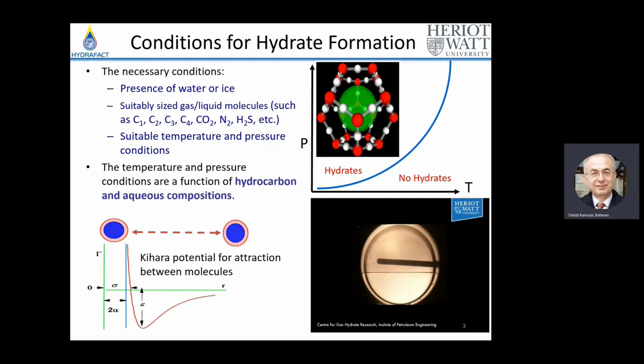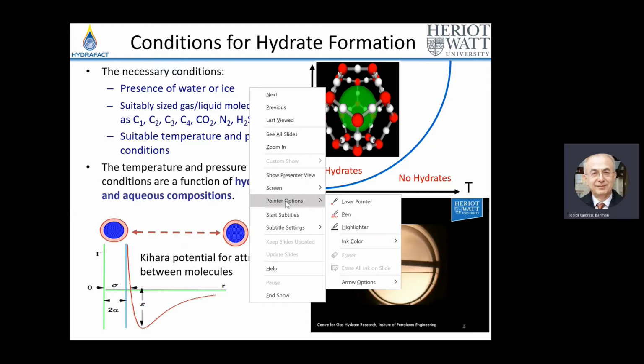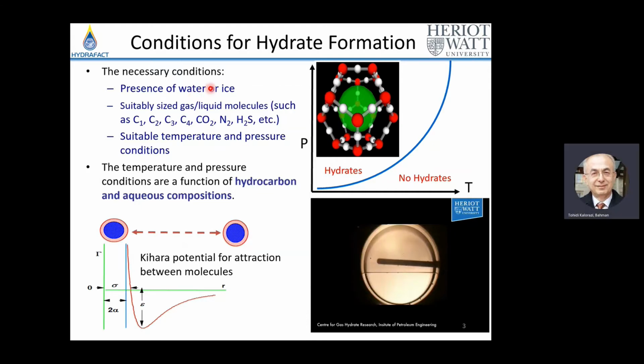So, starting from the beginning, the conditions for hydrate formation are the presence of water or ice; a suitable size molecule, which can be gas or liquid molecules like C1, C2, C3, IC4, NC4, CO2; and suitable pressure and temperature conditions.